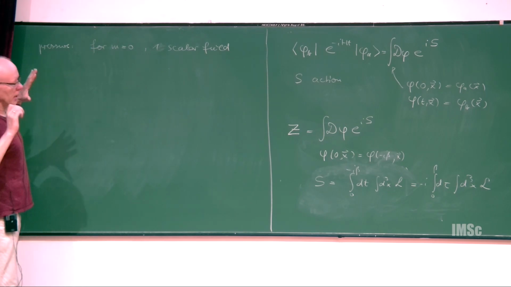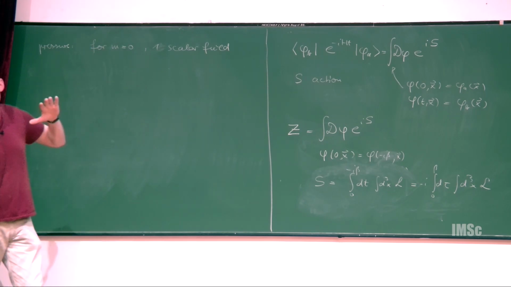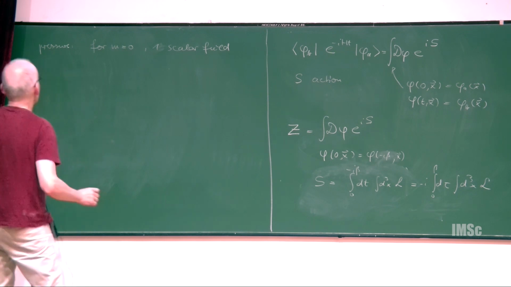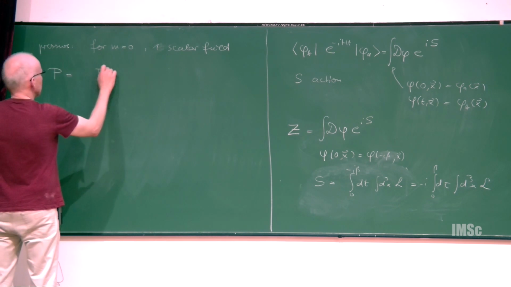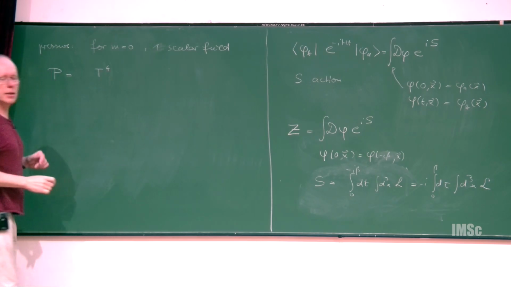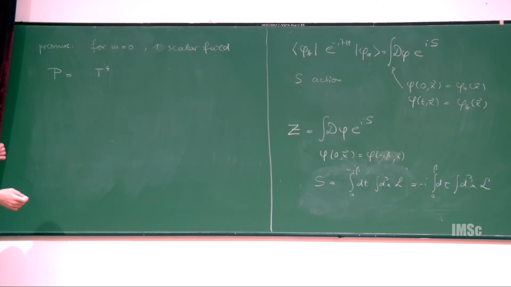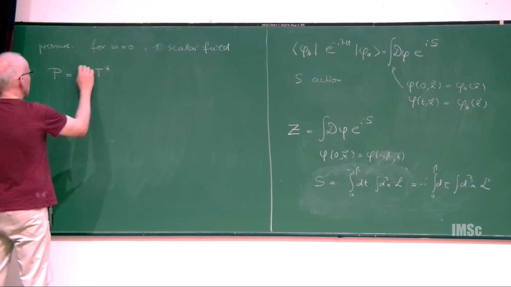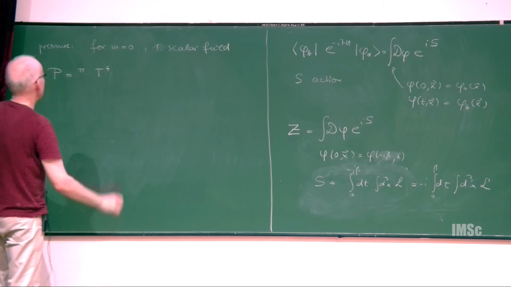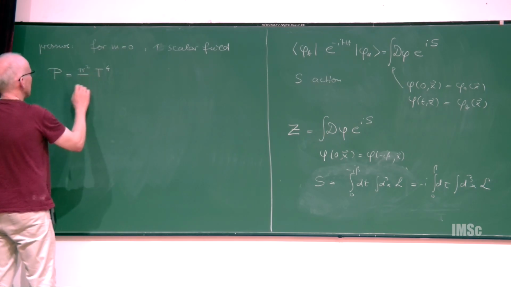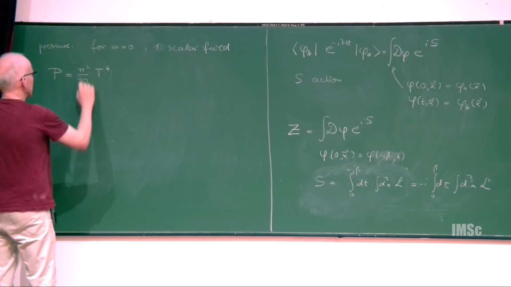then the pressure, again like the energy density, has mass dimension 4, so the pressure must be simply some number times T to the fourth. You can look up Landau-Lifshitz, for example, where you find it, and you can also try it yourself.